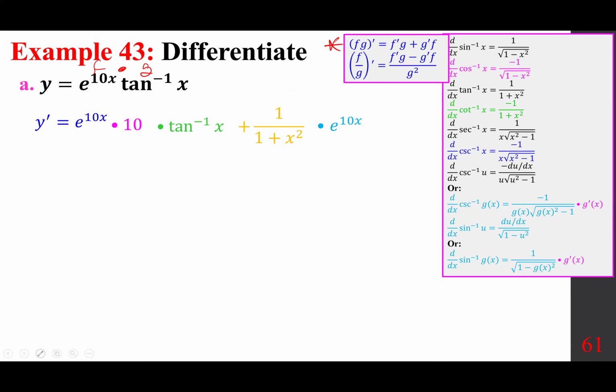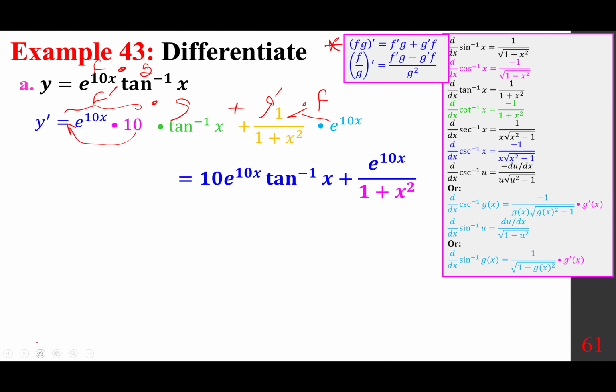So I'm going to write on top of it, everybody, f prime g plus g prime f. And we rewrite this simply by putting the 10 in front. There's really not much we can do, and put the e on top of this fraction. And we have the following, everyone. Y prime is 10 e to the power of 10x, tan inverse of x plus e to the power of 10x over 1 plus x squared.